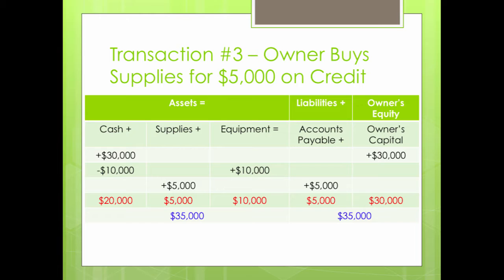And now ask yourself the next question. Will buying supplies increase or decrease the supplies account? This is an investment into the supplies account. So the supplies account will increase. Therefore, we will record this under the supplies account within the asset component of the accounting equation as a positive $5,000.